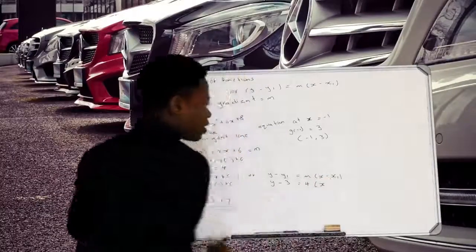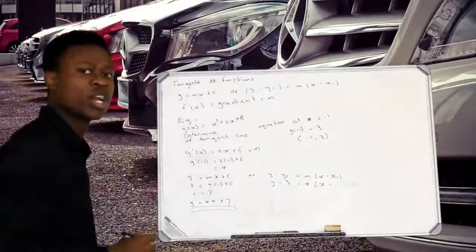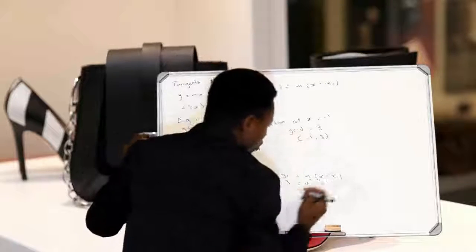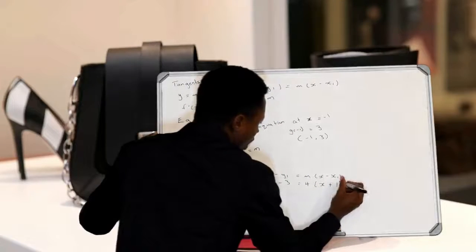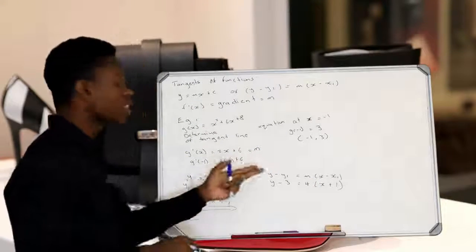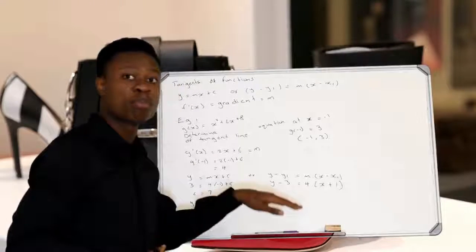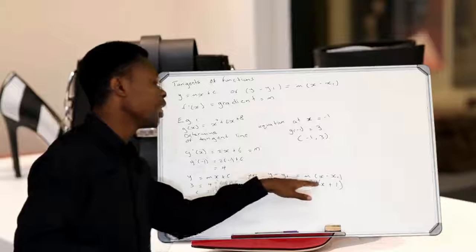And x minus, right? Minus x1. What is x1? Do I know an x coordinate? Yes, I do. It's negative 1, so this becomes positive 1, right? Why do I not replace y and x? Because I want to write the function in terms of y and x. So the only coordinate that I replace is the one where it's y1 and x1.